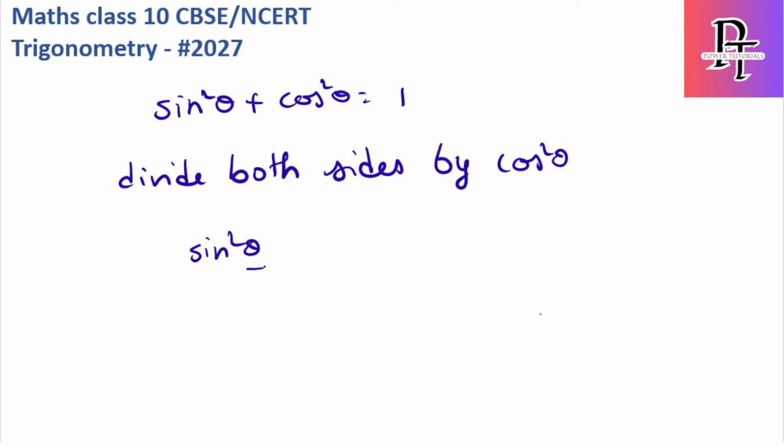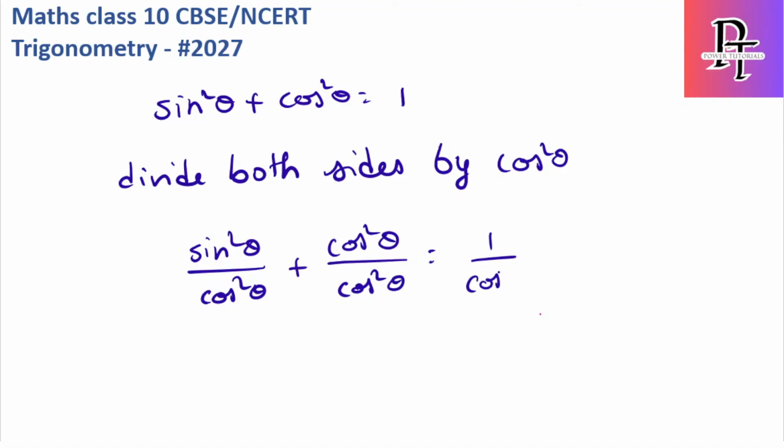Sin square theta by cos square theta plus cos square theta by cos square theta is equal to 1 by cos square theta. Sin square theta by cos square theta is nothing but tan square theta, because tan theta is sin theta by cos theta, plus cos square theta cancelled out, and this will become 1 by cos square theta. I told you it is secant square theta.